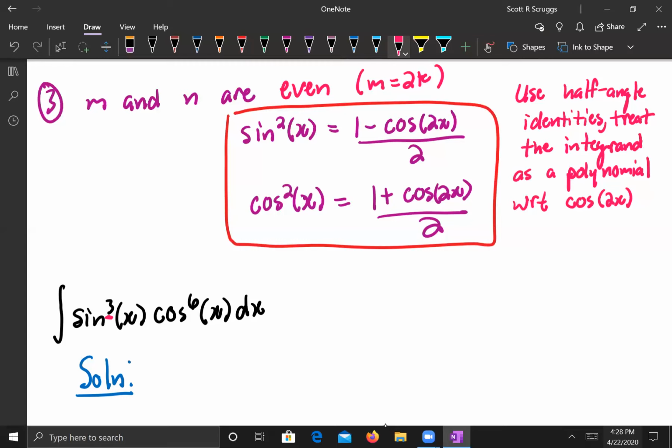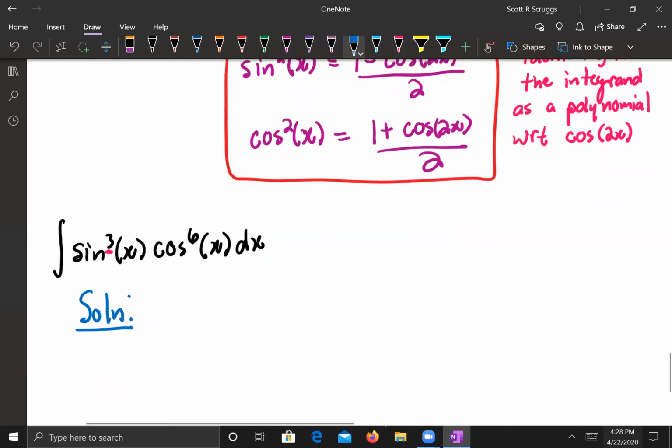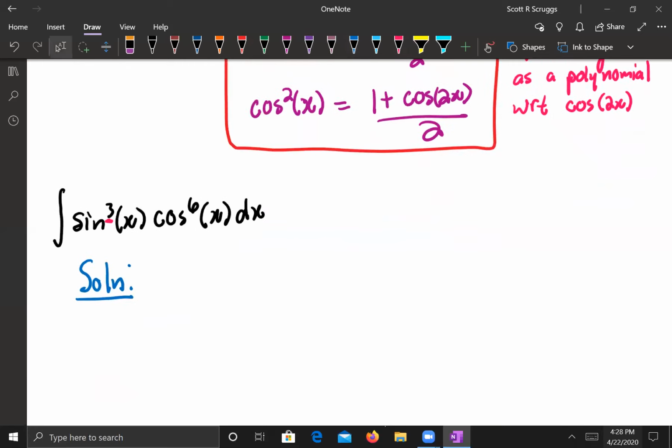So first, let me respond to a message. And there we go. All right, so because the sine has the odd power, I want to take one sine away to give me sine squared of x times cosine to the 6 of x.